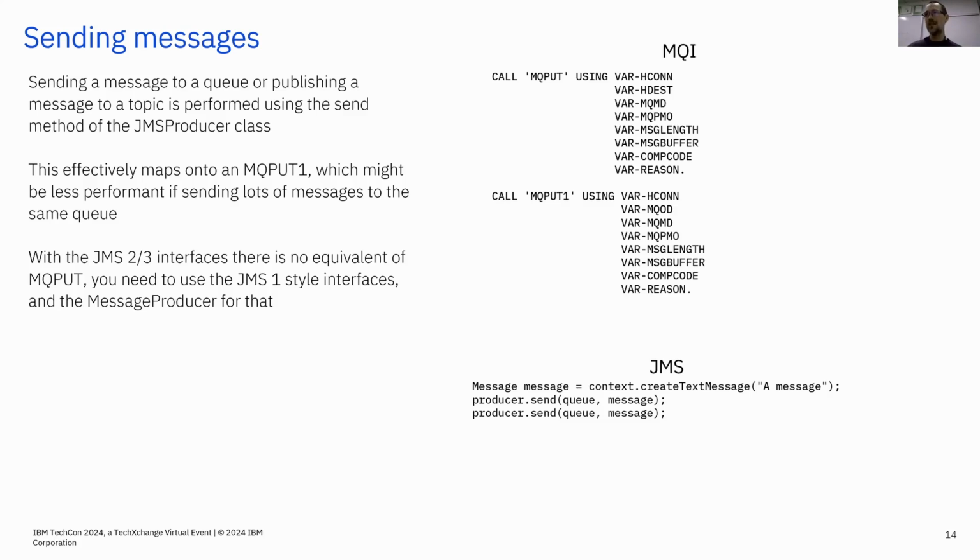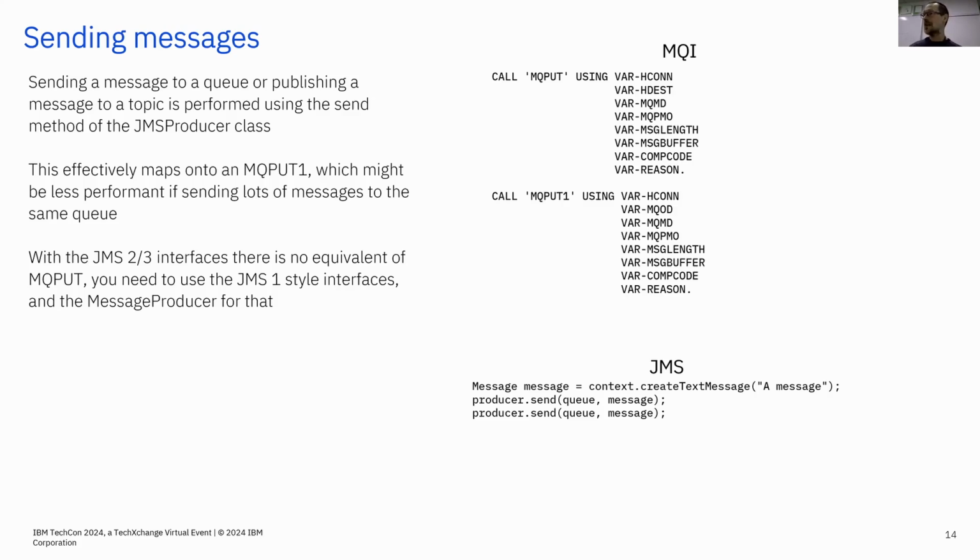With JMS, you use the JMS producer object I showed you earlier, and that always does an MQPUT1 under the covers. So there's no way, with the JMS 2 standard interfaces, to do an MQPUT. Okay, so that's one thing to be aware of.